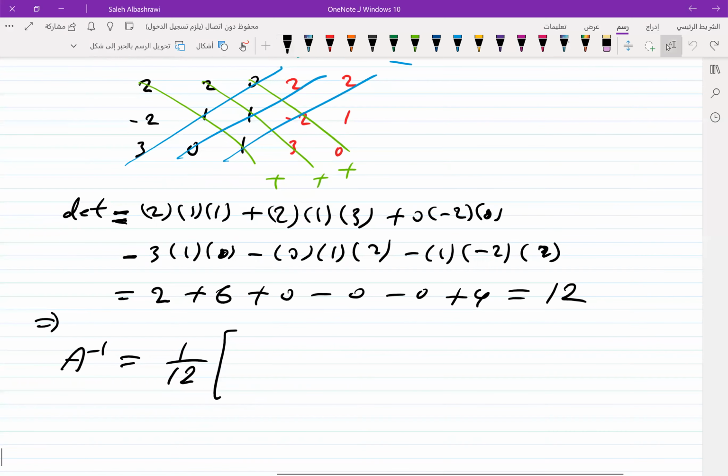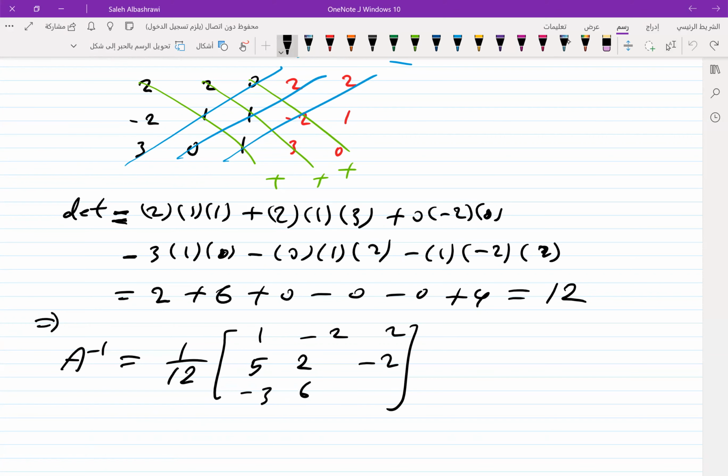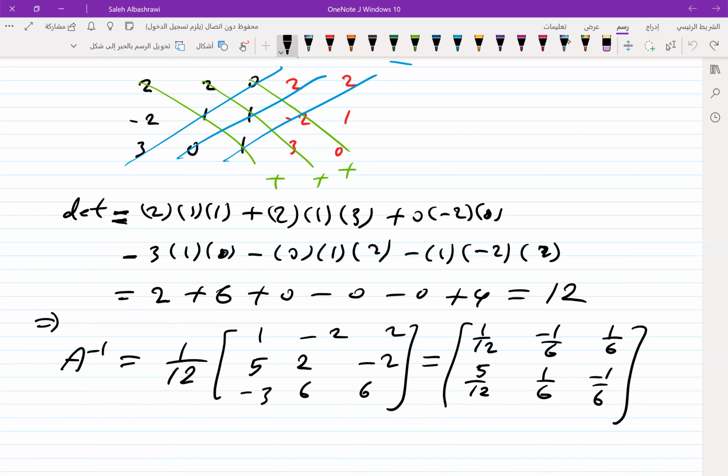It is 1, minus 2, 5, 2, minus 2, and minus 3, 6, 6, which is equal to 1 over 12, minus 1 over 6, 1 over 6, 5 over 12, 1 over 6, minus 1 over 6, minus 1 over 4, 1 over 2, and 1 over 2.